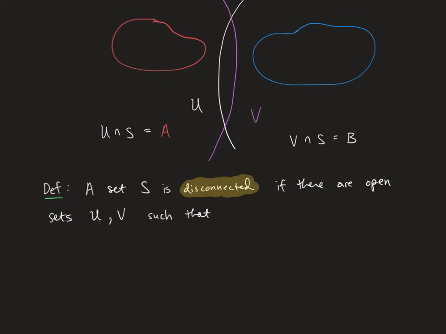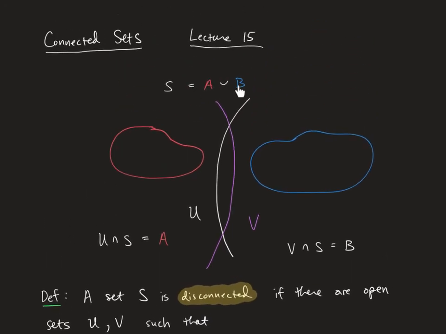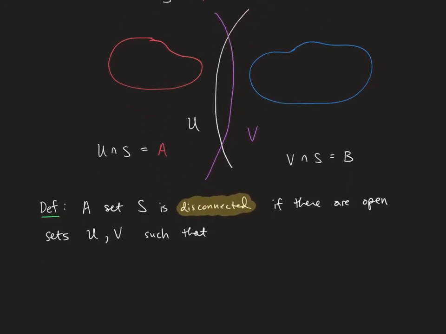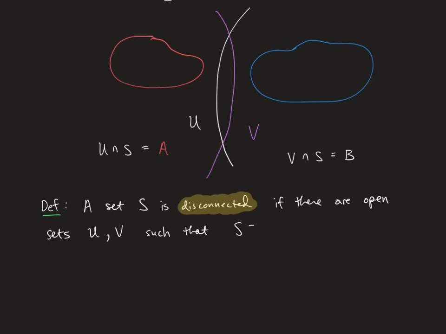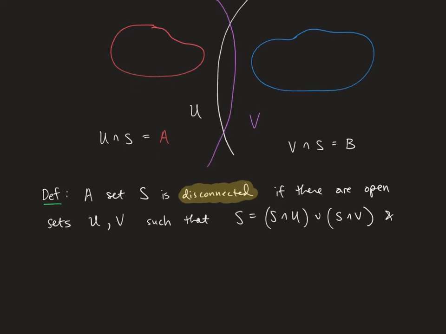The two different halves of the set: U intersected with S is going to be one thing, and V intersected with S is going to be the other thing. And those two have to add up to be the whole set. So such that S equals S intersect U union S intersect V, and two additional things.